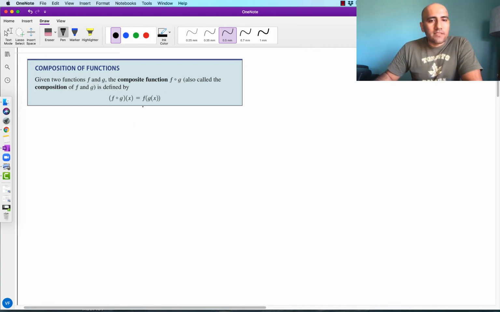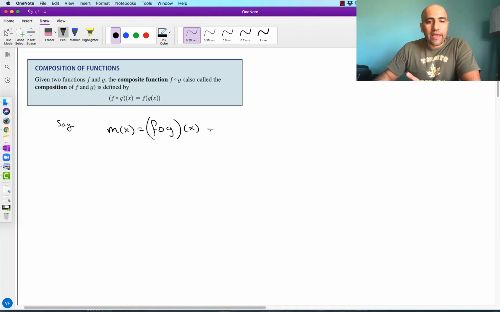So similar notations are as follows. Let's say we define a new function m of x, which is equal to the composition f composed with g evaluated at x. Remember, this is a new function. This notation here is just indicating how you achieve the new function, and it's achieved by evaluating the f function at the g function.